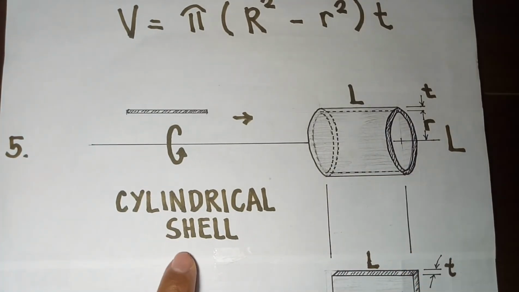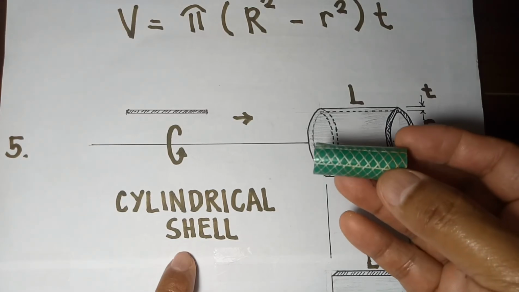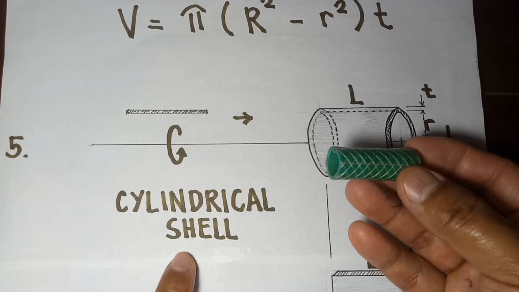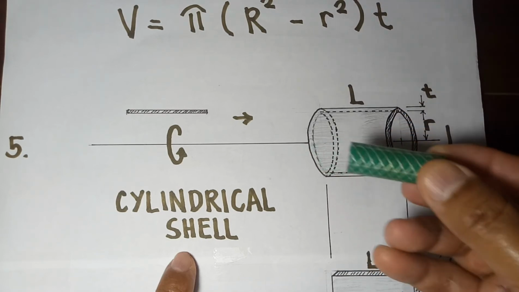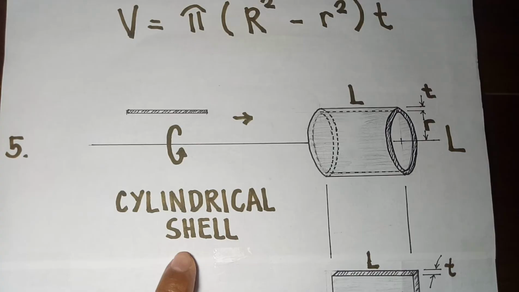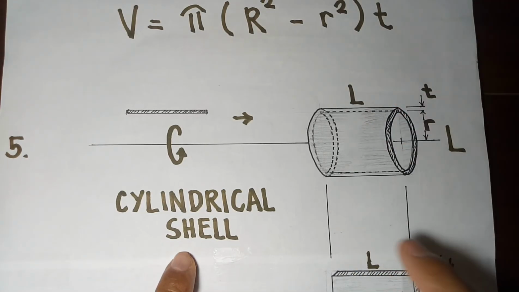At ang tawag natin dyan ay cylindrical shell. So, ang halimbawa ng cylindrical shell ay itong piraso ng hose na ito. Another example ng cylindrical shell ay straw, yung ginagamit natin sa pag-inom ng milk tea. Another example ng cylindrical shell ay yung tosang o yung imbornal na bilog.